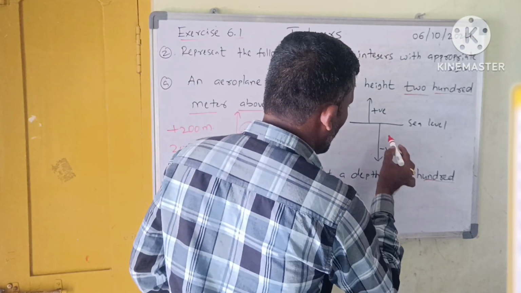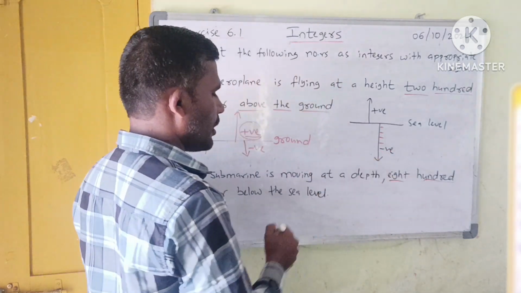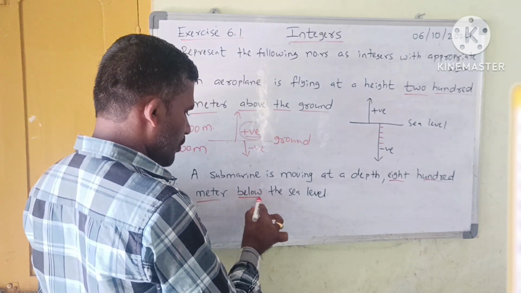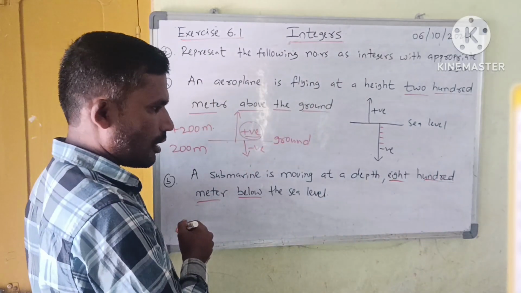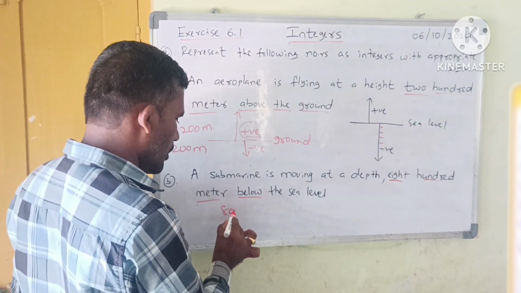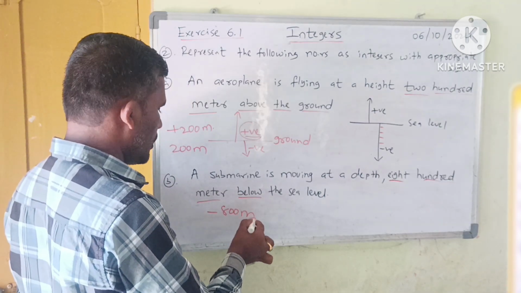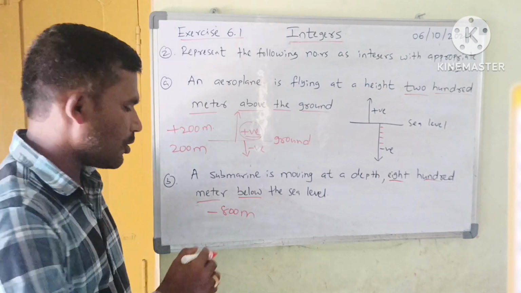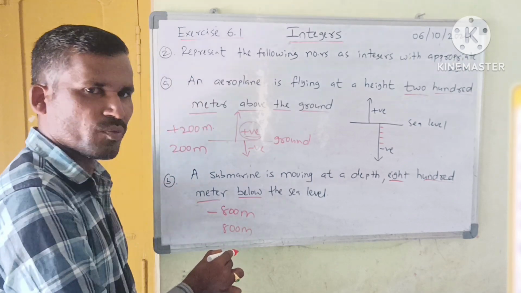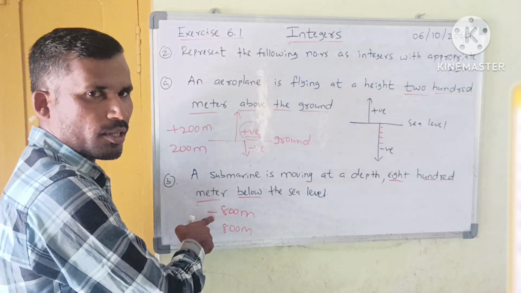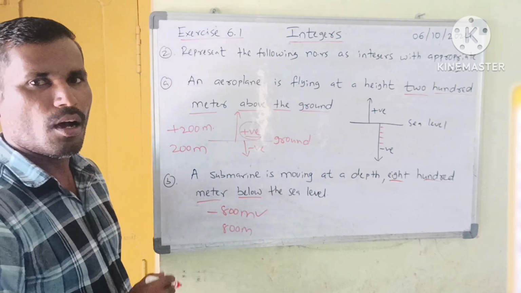Below means negative numbers only. How much is given? 800. So 800 meter below means negative. So minus 800 meter is the answer for the second. Don't write it as 800 meters; plus 800 meter and minus 800 meter are both different. So that's why it is minus 800 meter only.